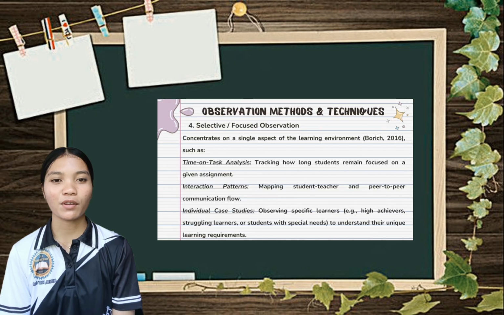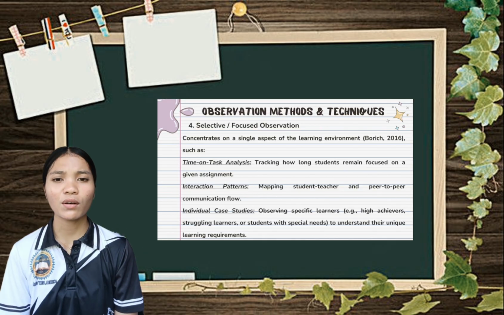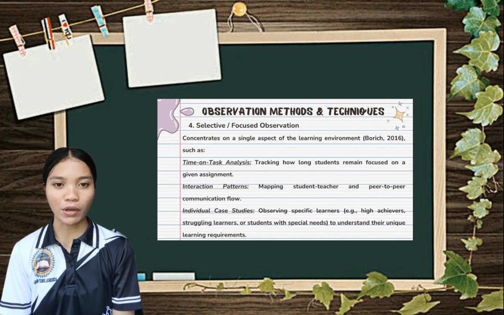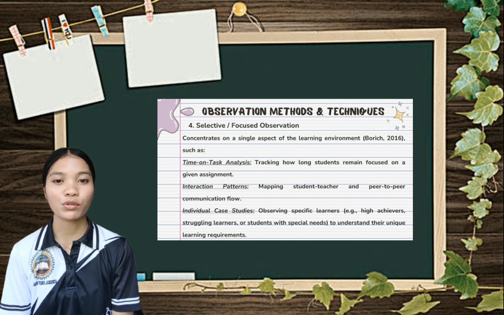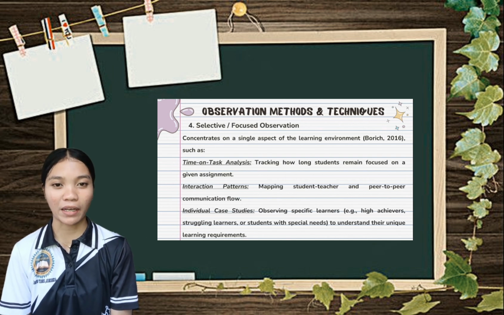The third example is individual case studies. This involves focusing on a particular learner, such as a high-achieving learner, a struggling learner, or a learner with special needs, in order to understand that learner's unique needs. So, selective observation can be summarized as, instead of observing everything, we choose one specific aspect and study it carefully.